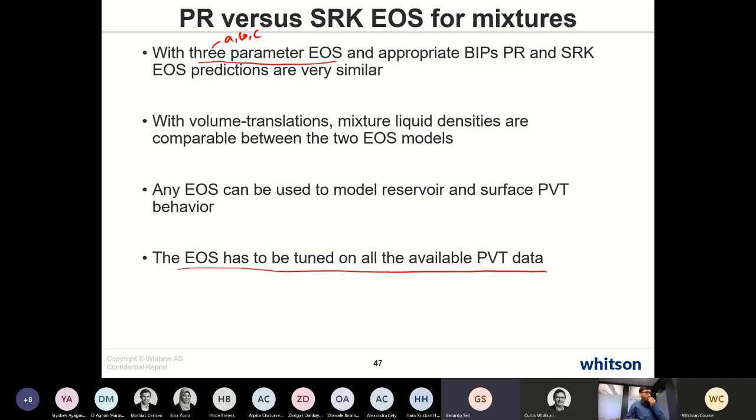Yes, so when you want to start predicting these solid phases, the wax or asphaltenes, you have other models that are meant to predict this solid-liquid phase equilibrium, but those models are used in conjunction with the cubic equation of state model. Curtis, do you want to add? Yeah, that's exactly right.